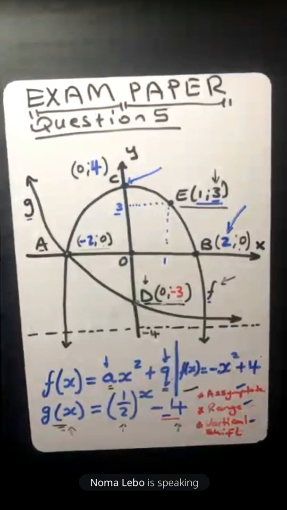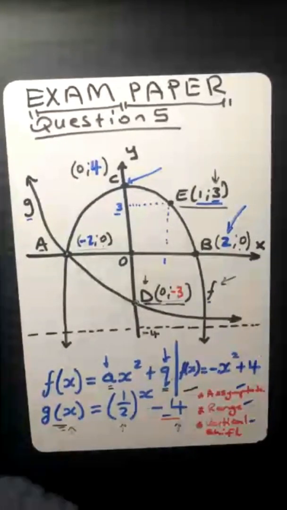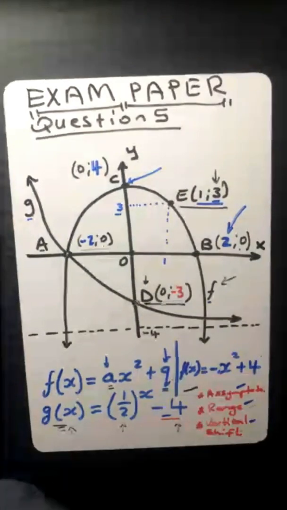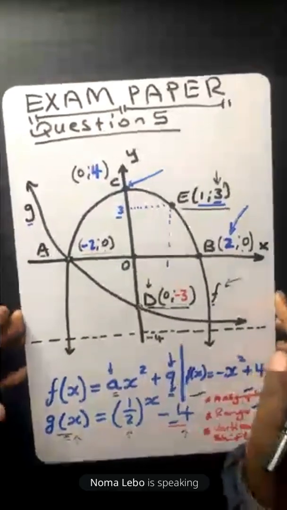I think for D, because it's a straight line, we will use the distance formula. CD is equal to square root.